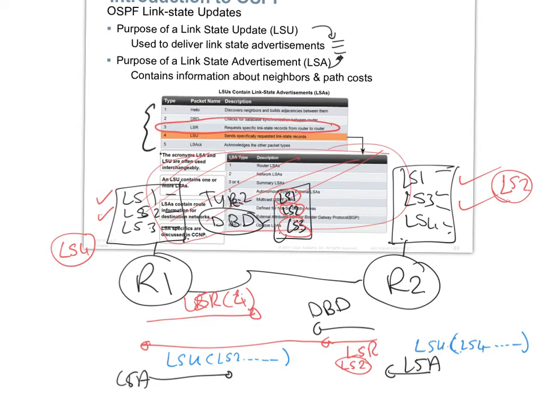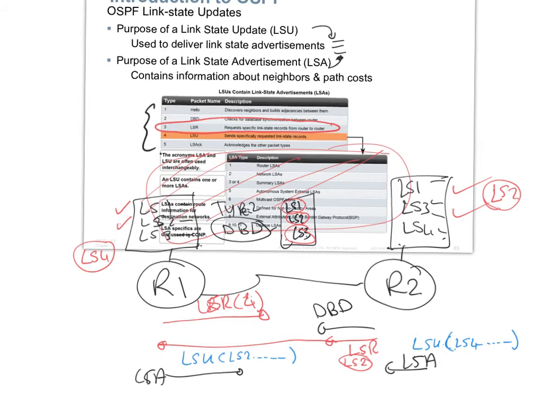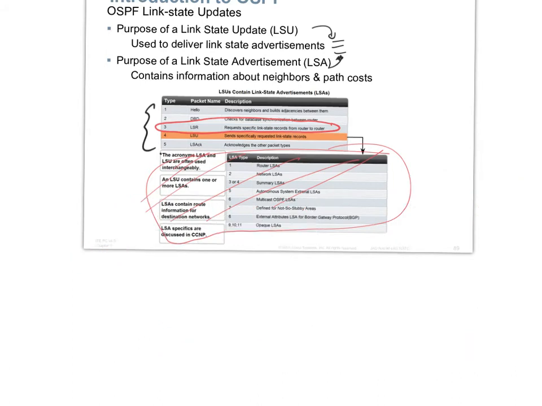So again, let's remove this. So router 1 now has all the links for the directly connected links, and it also receives a link state request from other routers.